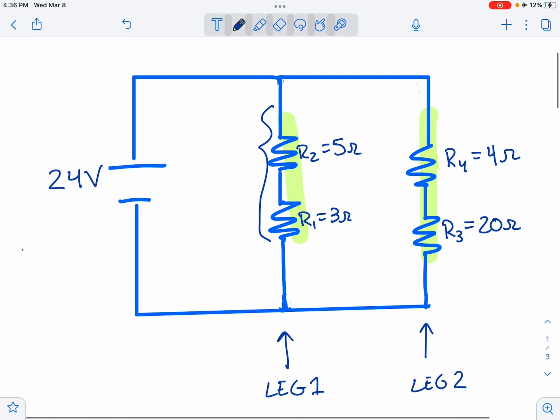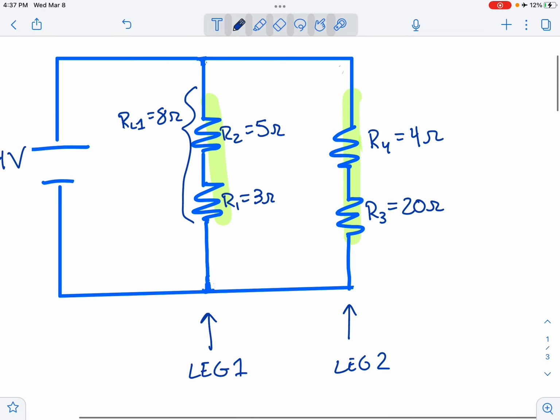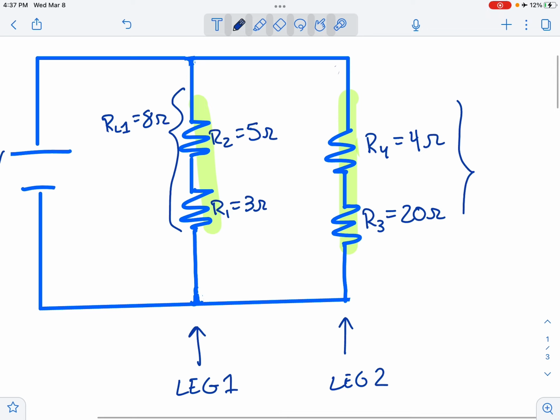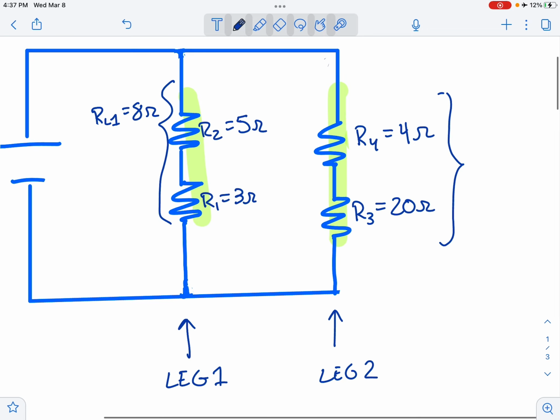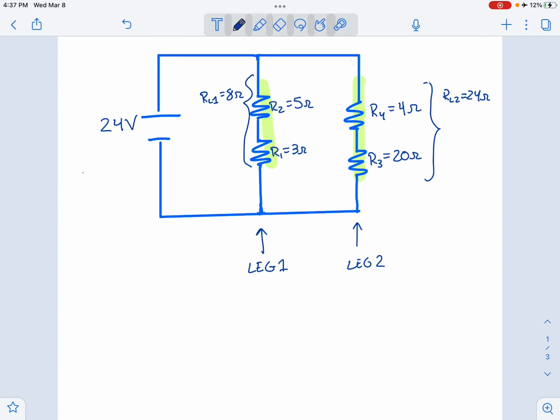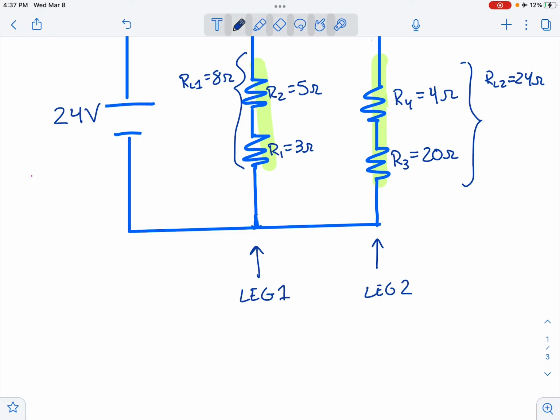So the resistance of leg 1 is 8 ohms. And then the resistance of leg 2 is 24 ohms. And now we know that leg 1 is parallel to leg 2.